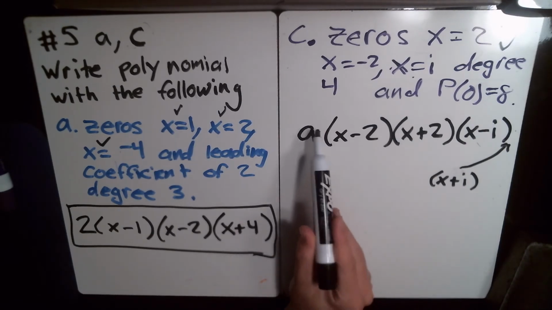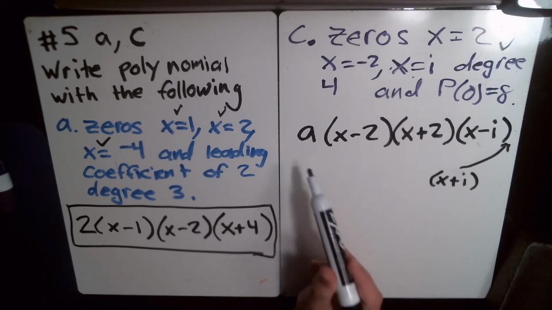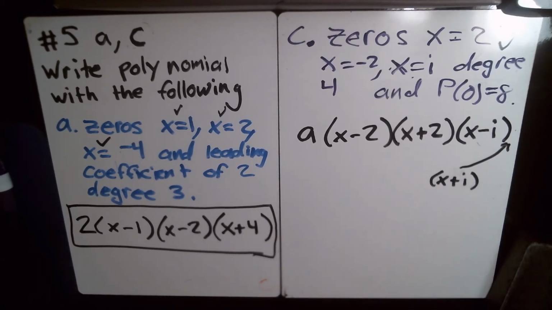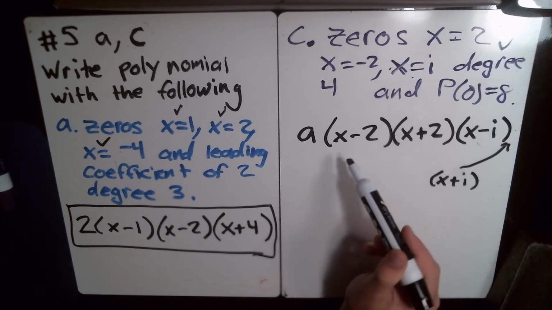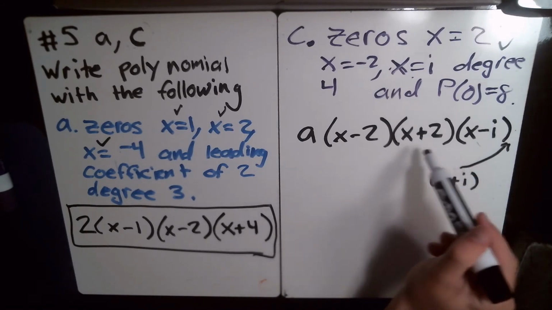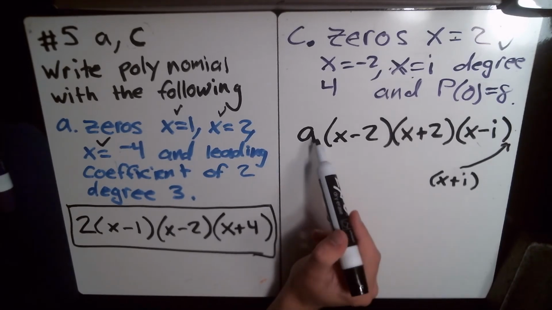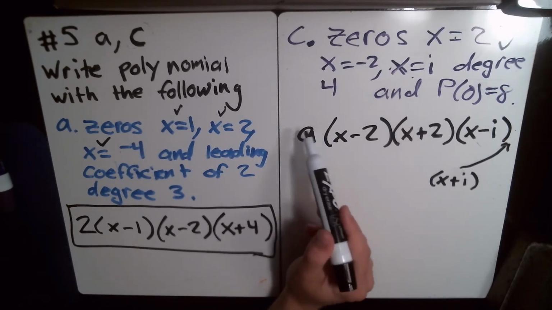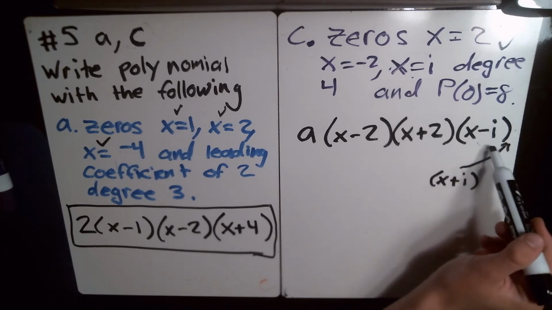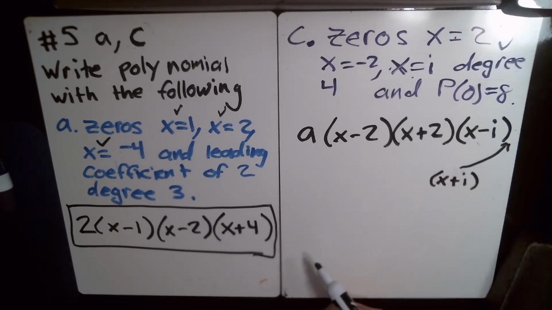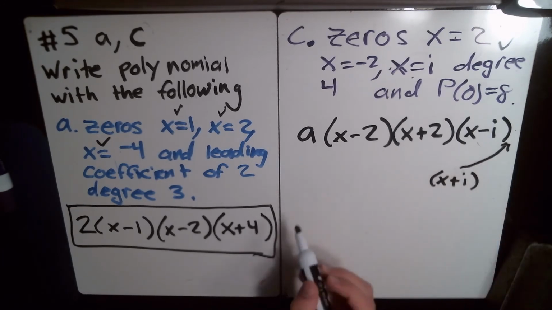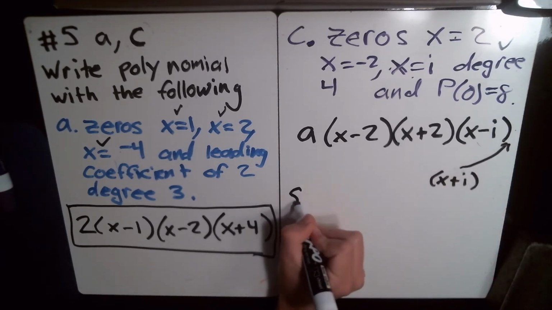We can always throw any number we want on the front of this, and it won't change the zeros, right? This will have the same zeros because it's still factored. And so if we figure out what A we need to make this whole thing 8 at 0, we can go from there. So what I would do is plug in 0 and set it equal to 8.